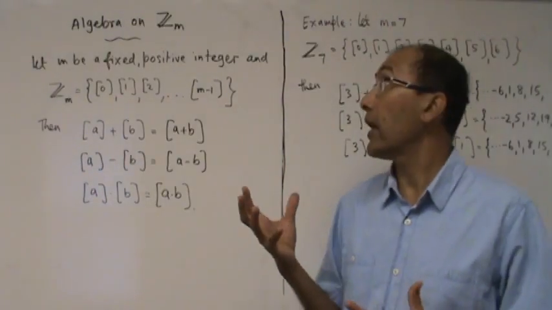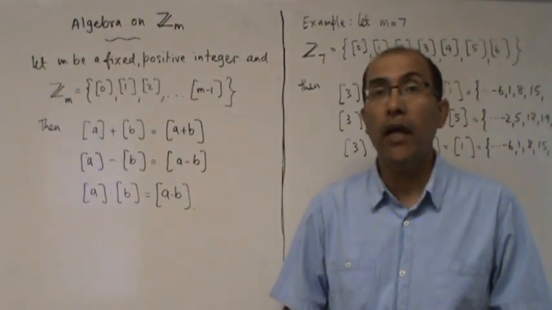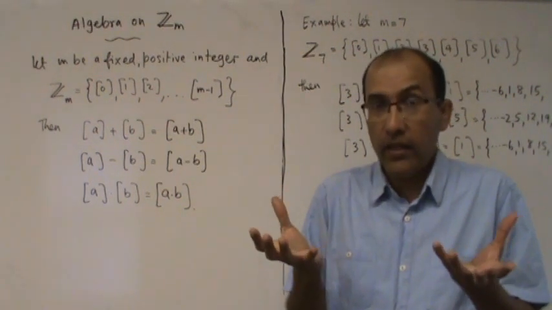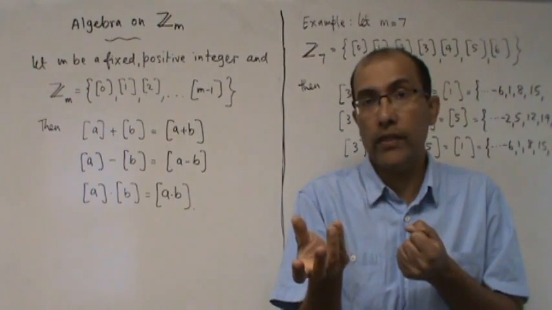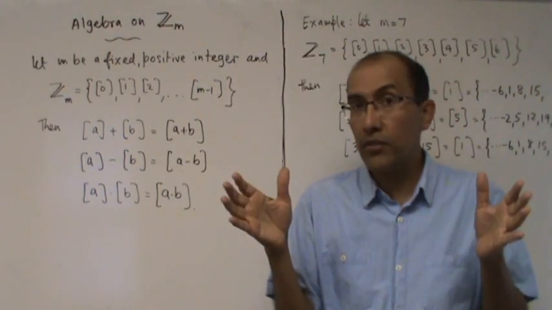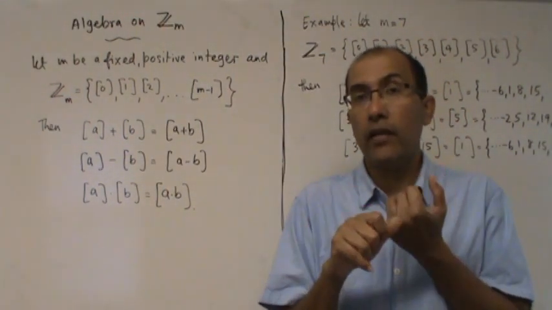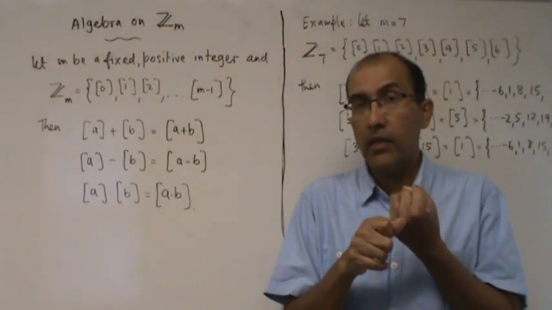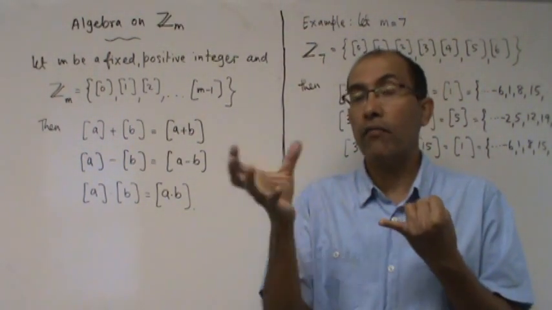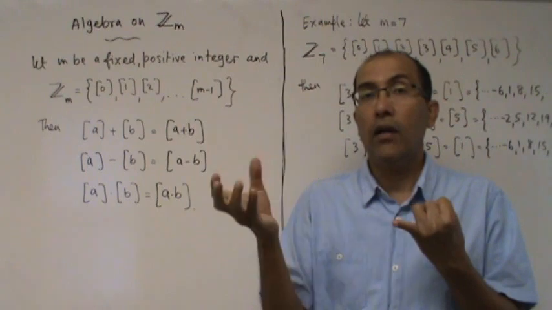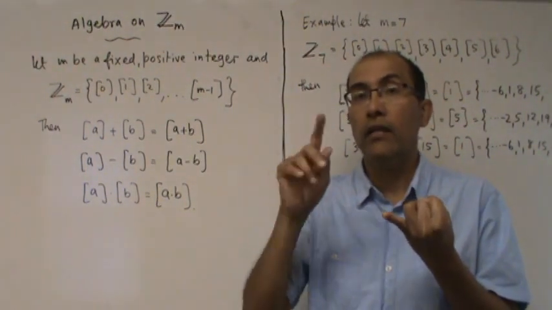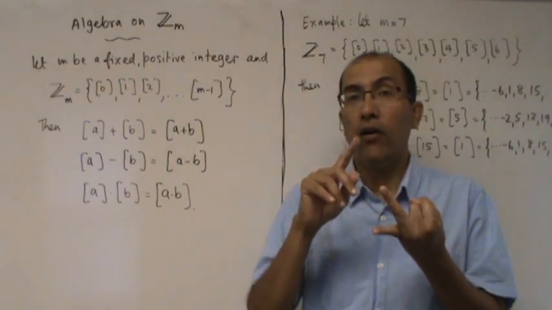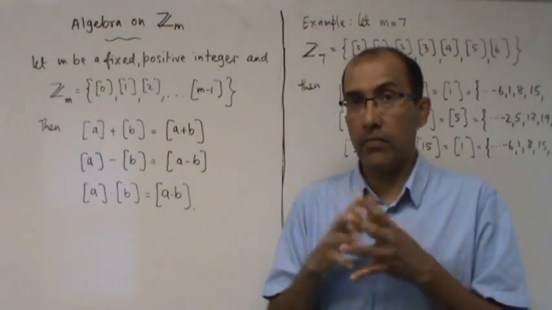We are going to look at algebra on Zm. That's what we do in mathematics. We define something and then we see what we can do with them. That's what we did throughout this course. We defined statements and then looked to see how we can combine statements. We can use and, or, not, if then, if and only if to combine statements.